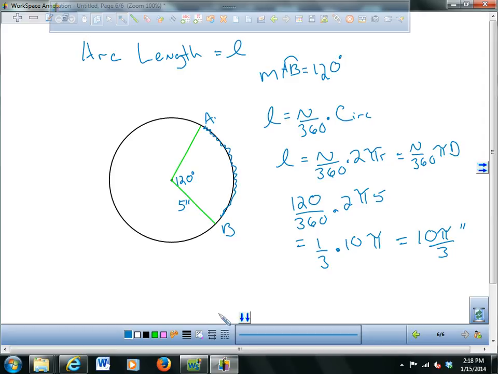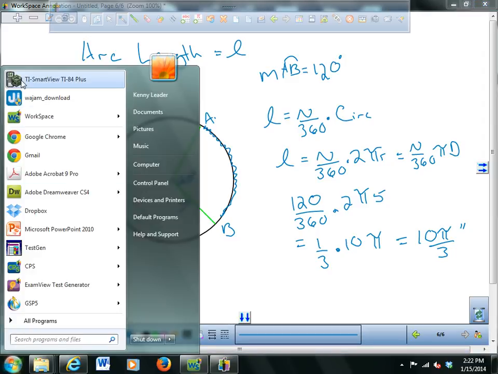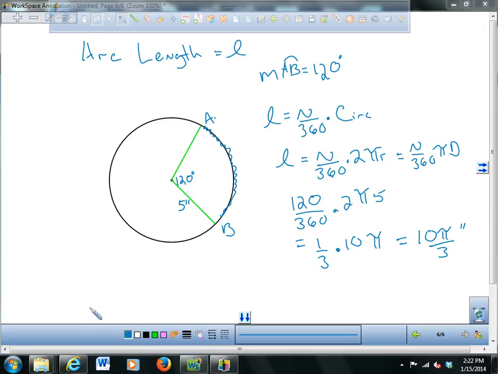If they say take that answer and round to the nearest tenth, you take your calculator and you go 10 pi divided by 3. What's that going to be? About 10 point something, right?